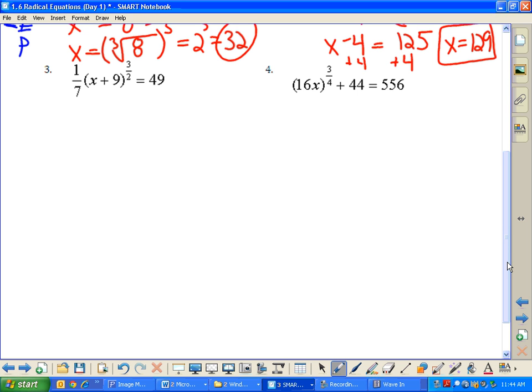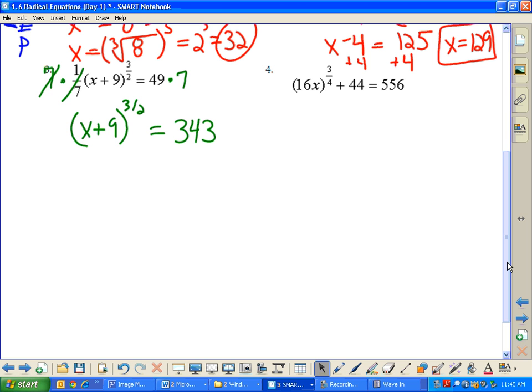So how do you get rid of the 1/7? Yeah, multiply by the reciprocal. So we're going to multiply both sides by 7. So that goes away. 1/7 of 7 is just 1. We now have x plus 9 raised to the 3/2 power equals 49 times 7, which is 343.